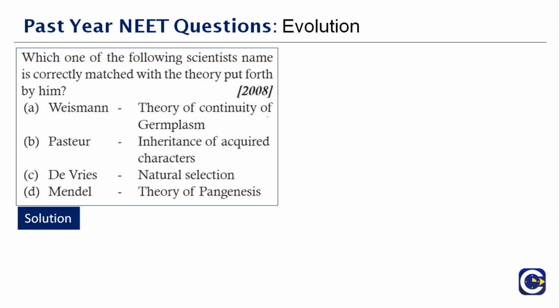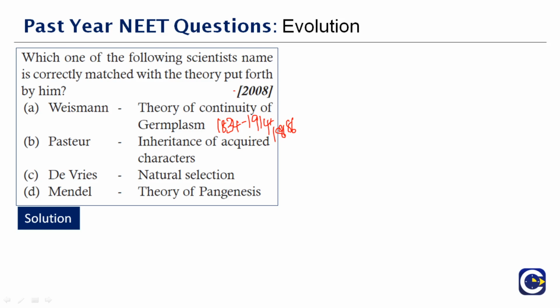The theory of the continuity of the germplasm was published by August Weismann, who lived from 1834 to 1914, and he published it in the year 1886. It proposes that the contents of the reproductive cells are passed on in unchanged form from one generation to the next, unaffected by any changes undergone by the rest of the body.